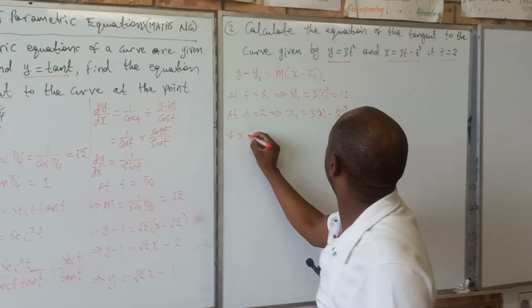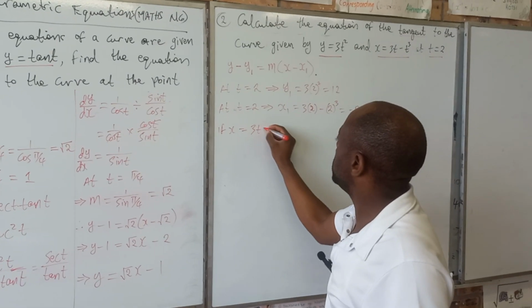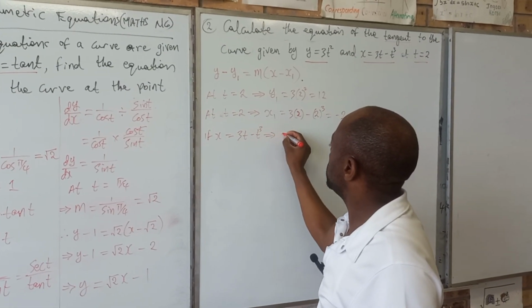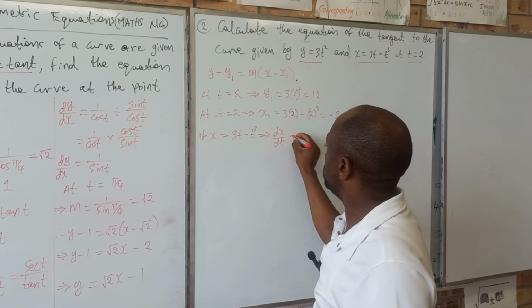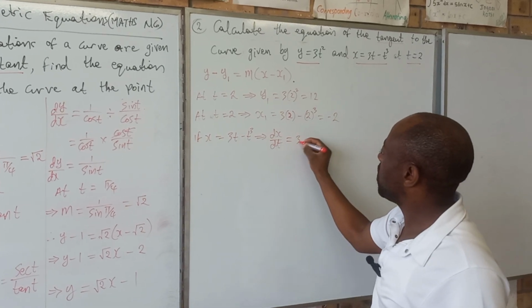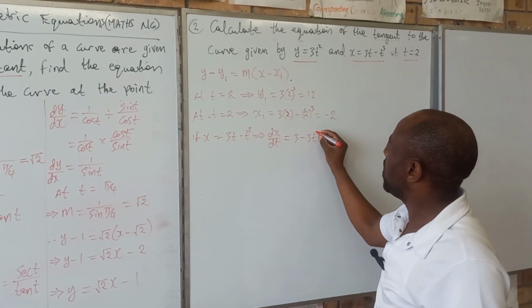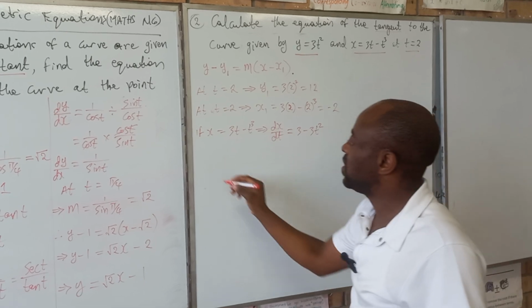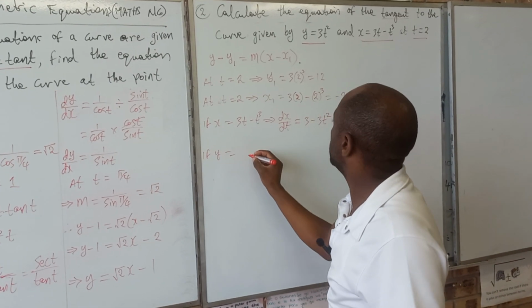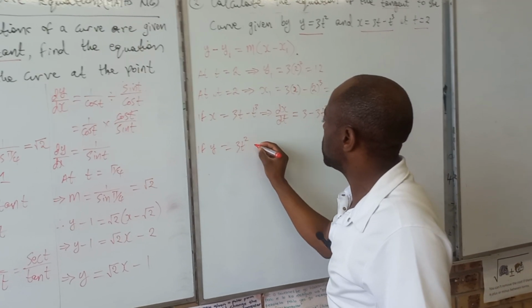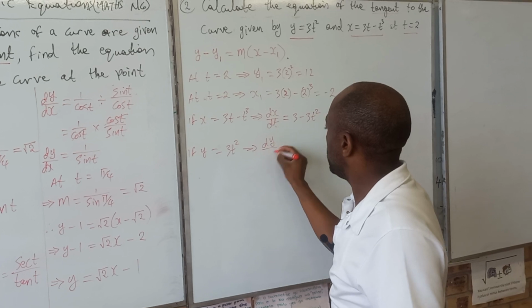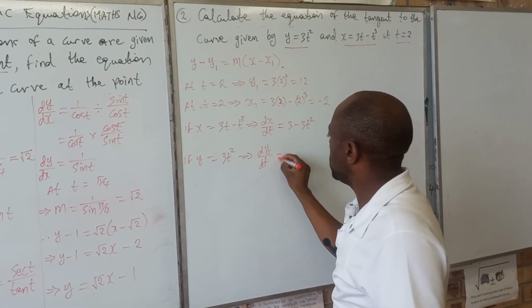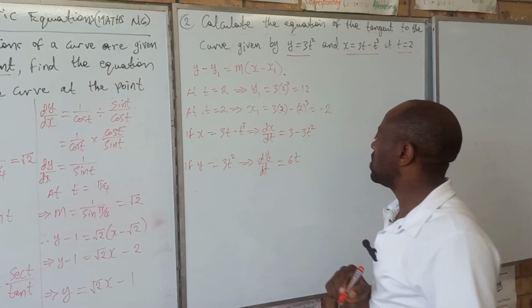So if x is equal to 3t minus t cubed, this means that dx over dt is equal to 3 minus 3t squared. That's my derivative. And if y is equal to 3t squared, this means that dy over dt is 6t.